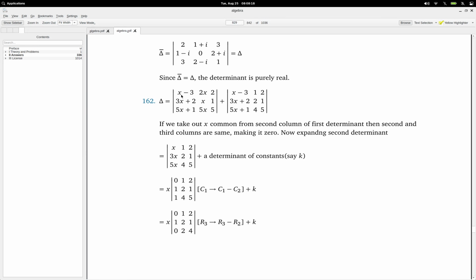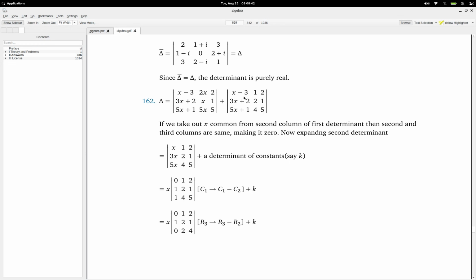So our determinant becomes x minus 3, or rather the second column is important. The second column becomes here 2x, x and 5x. And here it becomes 1 to 4. Now if we take x common from here, this second column and third column will be equal. So the two columns being equal, it will become 0.